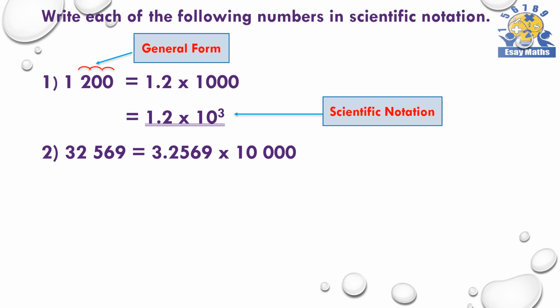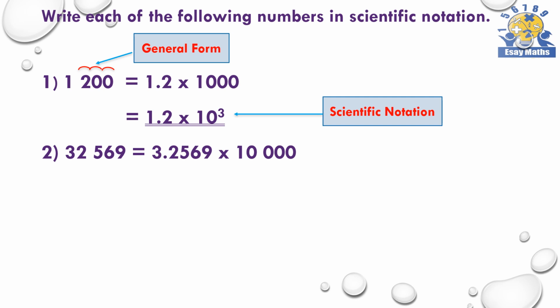Second one, 32,569. At first, you should express this as a number between 1 and 10. Then 3.2569. In here you should write all the digits.